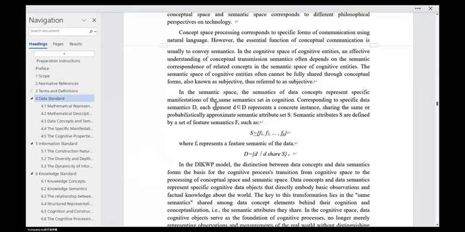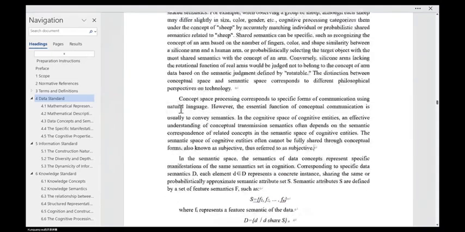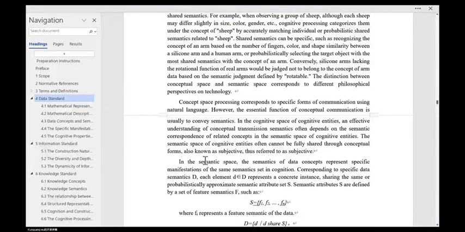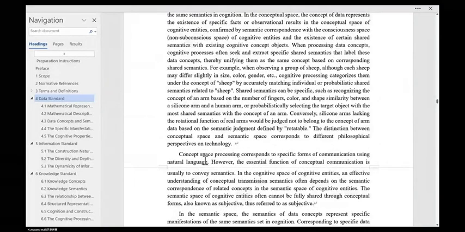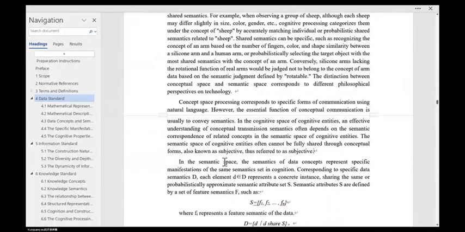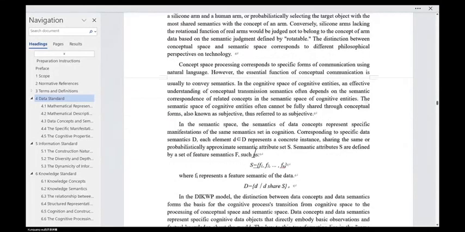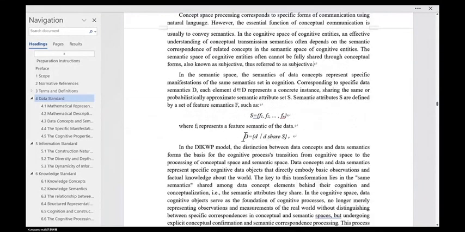The third paragraph is about the data standards of the mathematical definition. The sentence begins in the semantic space, and the end of the paragraph is D equals D_CLS. So anyone have questions in the data standards of definition by mathematics?